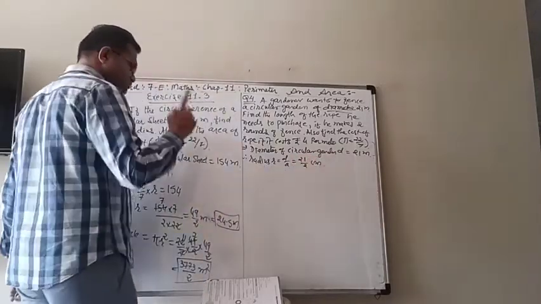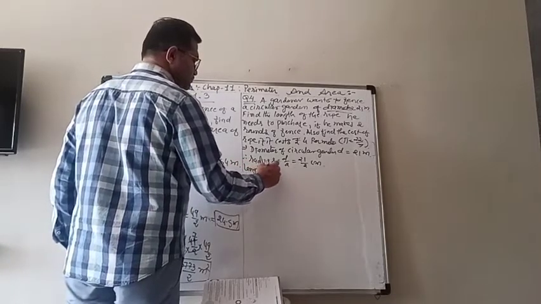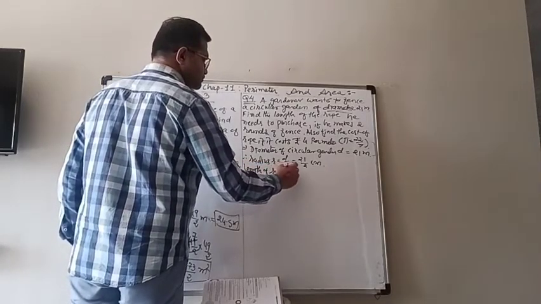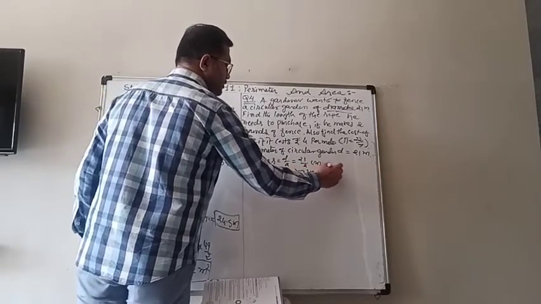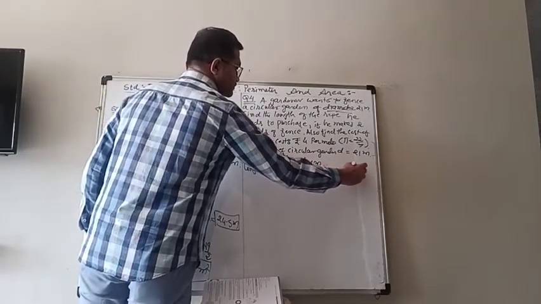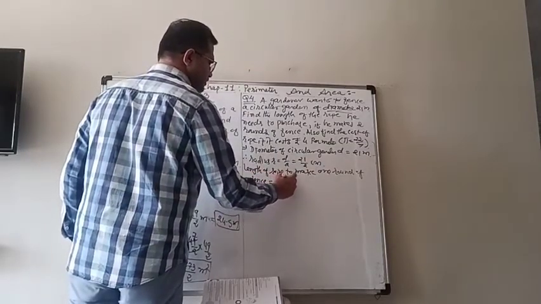Now the length of rope to make one round of fence is equal to the circumference of the circle.